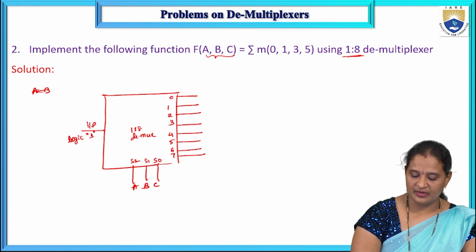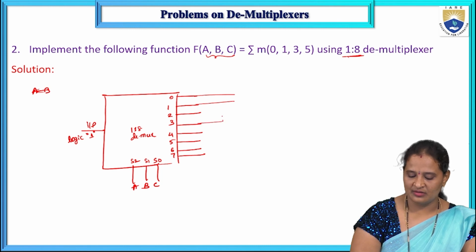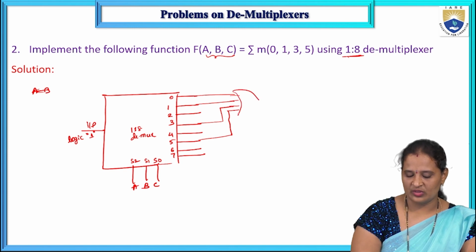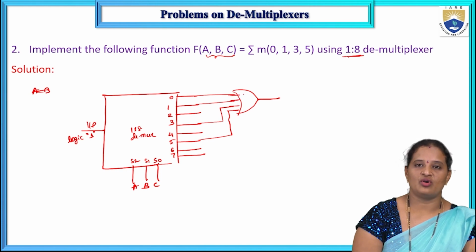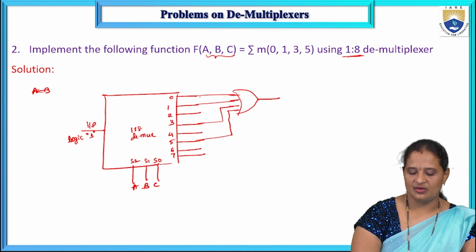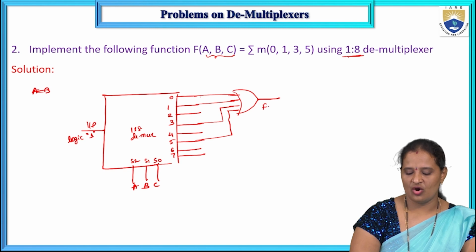And now take the outputs, that is 0, next 1, and then 3 and 5. Just give these to an OR gate so that the function can be implemented. That's it. No need to even draw the truth table. Directly you can connect these 0, 1, 3, 5 to this OR gate, and then you can implement the given Boolean function summation M of 0, 1, 3, 5.